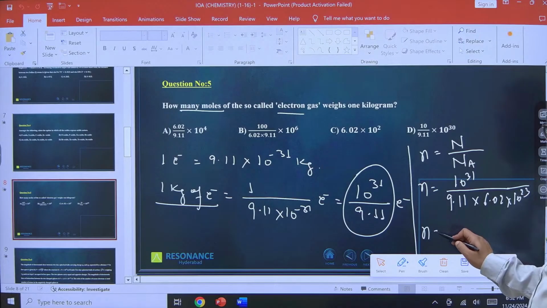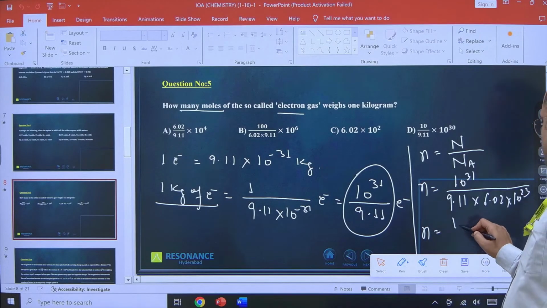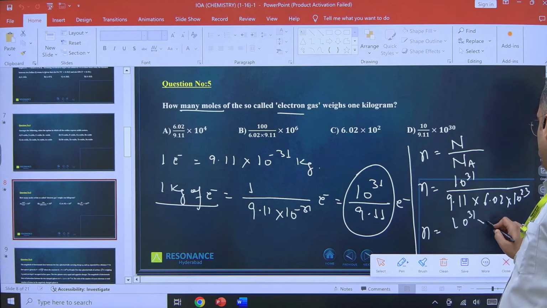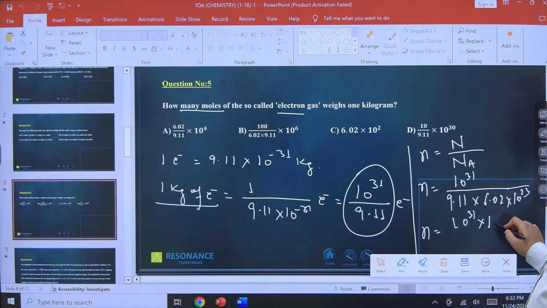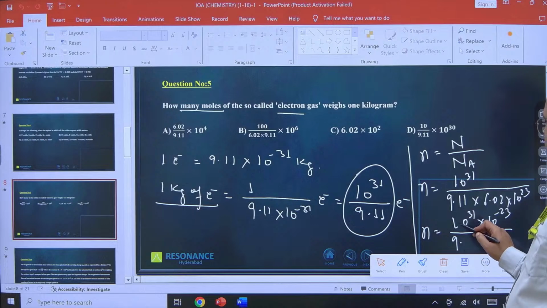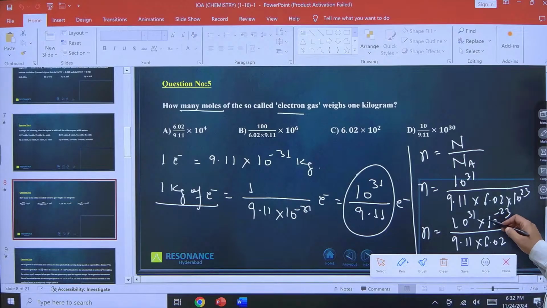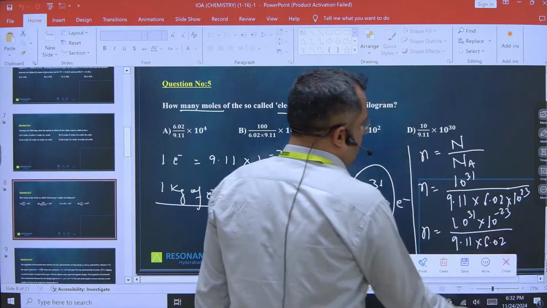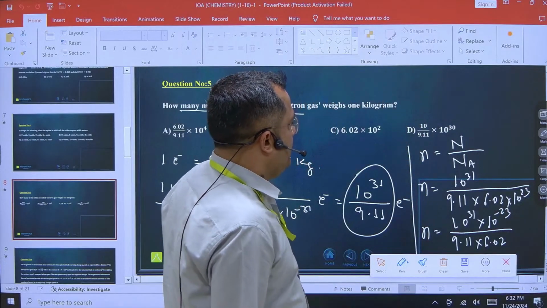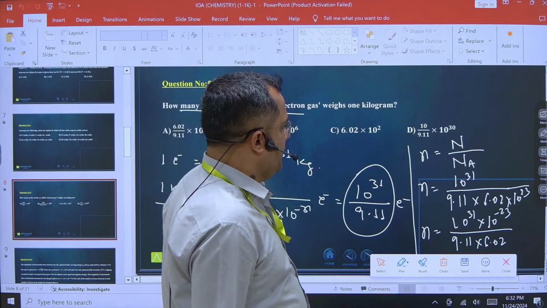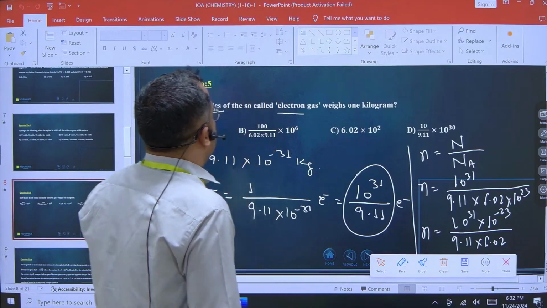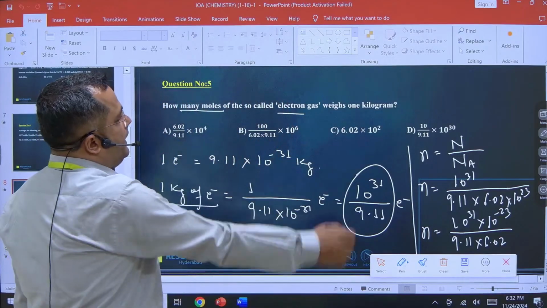So number of moles will be equal to 10 to the power 31, 10 to the power minus 23, upon 9.11 into 6.02. If minus 23 is subtracted from 31, it becomes 10 to the power 8. But 10 to the power 8 is not written here.